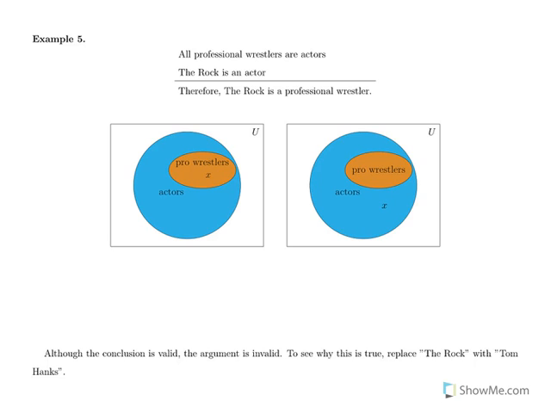The difference is that where you place X in this Venn diagram makes a difference, right? Here you might have The Rock. He is in both circles. That's great. But there's nothing stopping us from having our X out here, which might represent Tom Hanks, an actor who's not a professional wrestler.